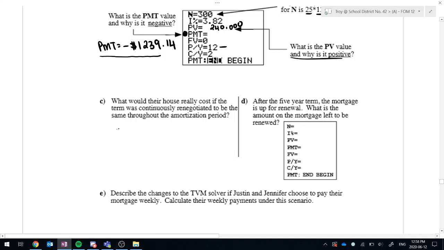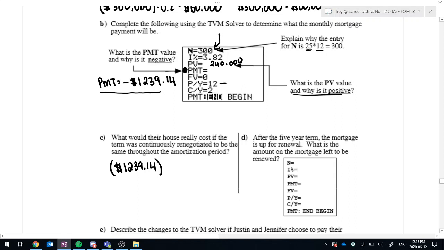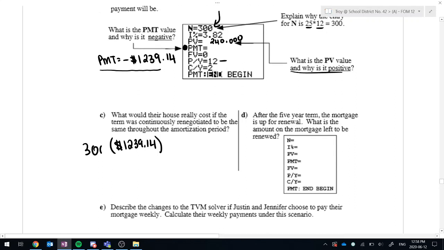Okay, so if it stayed the same the entire time, how much would they pay to pay off their house? Well, we just calculated that their payment is going to be $1,239.14 every month. And we already know from right here that they're going to have to do that 300 times until their house is paid off. So we multiply that by 300, and we will get a value of $371,742 from their mortgage payments.